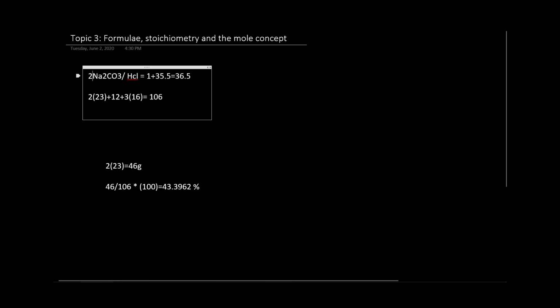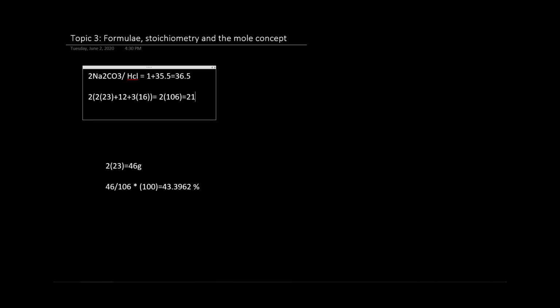So when you're asked to calculate the total, or the relative formula mass of 2 Na2CO3, what you do basically is just multiply this figure by 2 and see what you get. It'll be 212. Yeah, that's simply what you do.